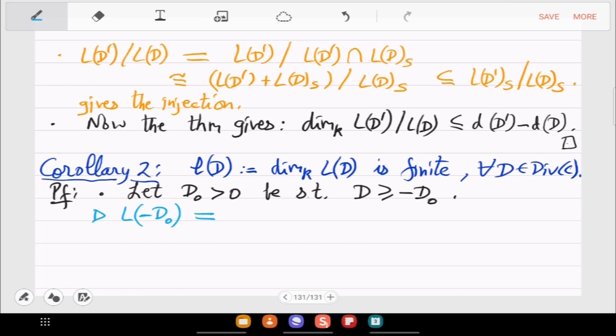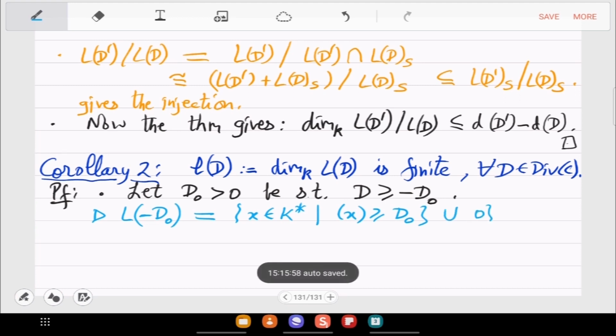See, these are functions such that this is greater than or equal to D0 or 0. Right, that's the L minus L sheaf. See, D0 is positive, right?